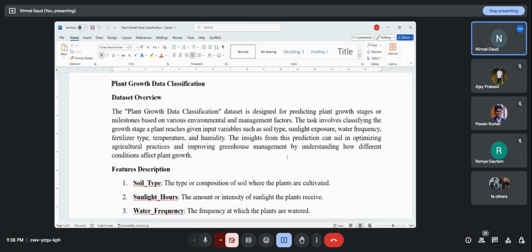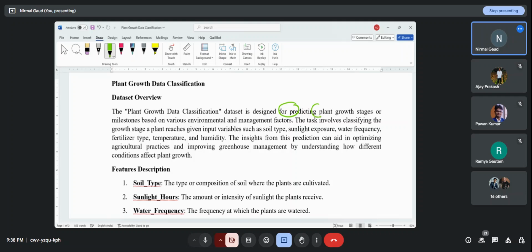As per the data set available, it is related to predicting plant growth stages or milestones based upon various environmental and management factors.